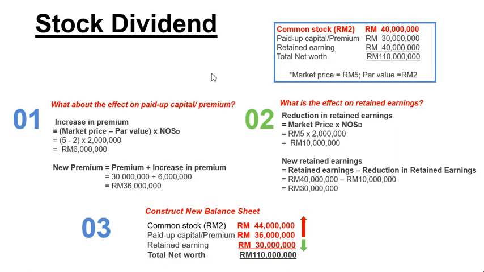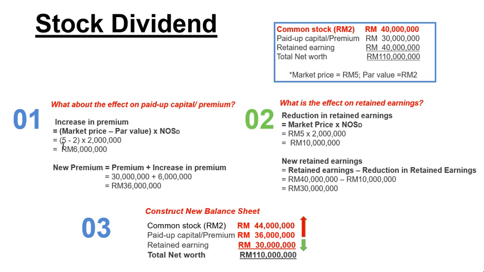Next, given this information, we will see what is the impact of stock dividend towards the paid up capital as well as towards the retained earning. To determine the impact of stock dividend on paid up capital, we will first determine the increase in premium, and this is done by taking market price minus the par value multiplied by number of share dividend.